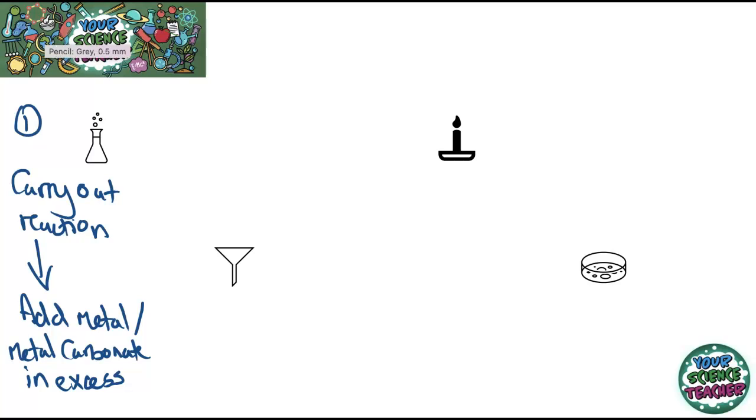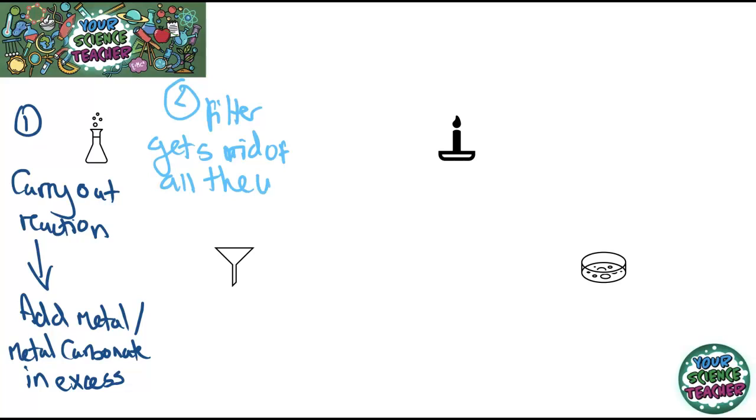For example, you might see some solid being left in the bottom, and because we've added our metal or metal carbonate or metal hydroxide in excess, I need to get rid of the extra solid that's going to be in there. So my next stage is I filter, and this gets rid of all of the unreacted solid. This means when I do my later stages, I'm not collecting any of that solid that I started with.